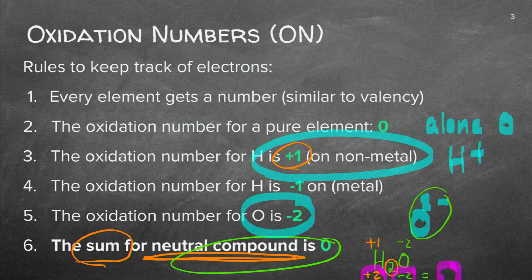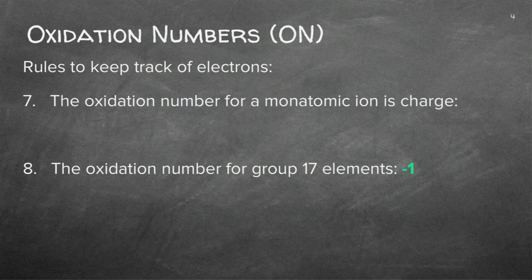Let's go to the last rules. The oxidation number of a monoatomic ion is the charge of that monoatomic ion. What do we mean? If you've got magnesium 2+, the magnesium's oxidation number will be +2.